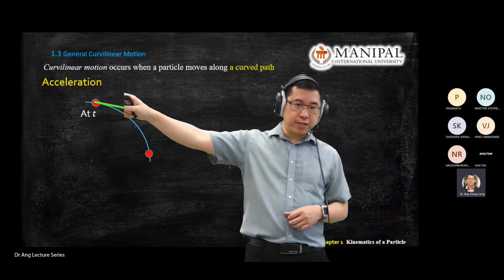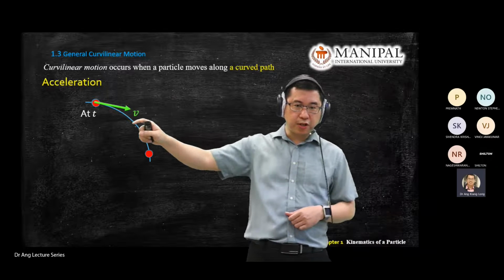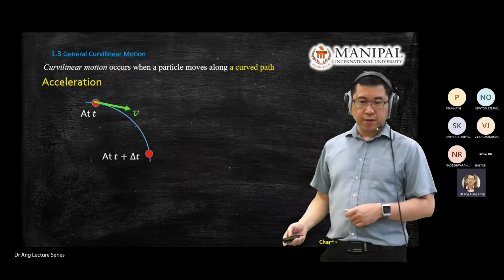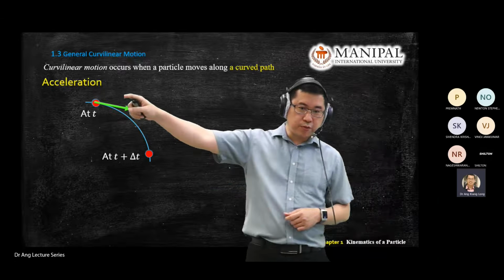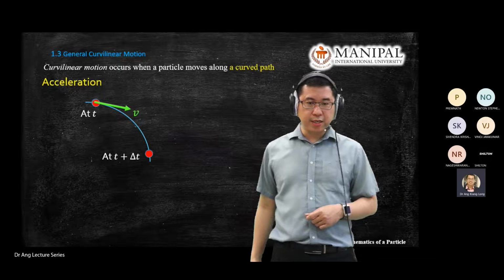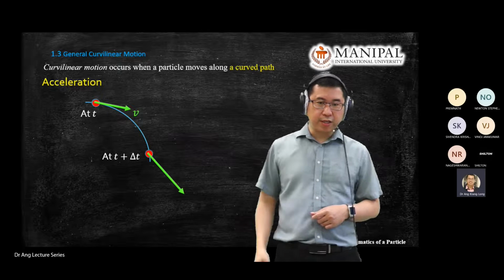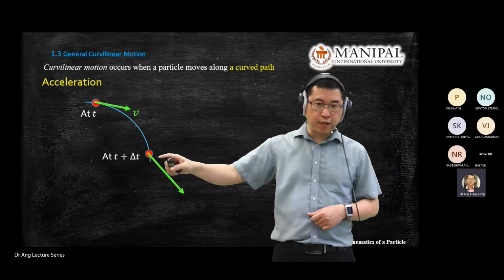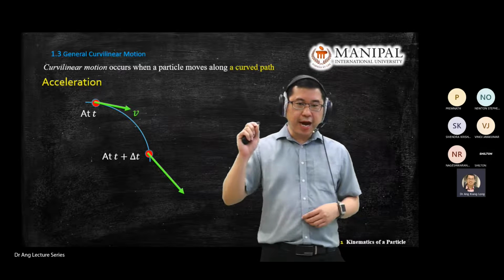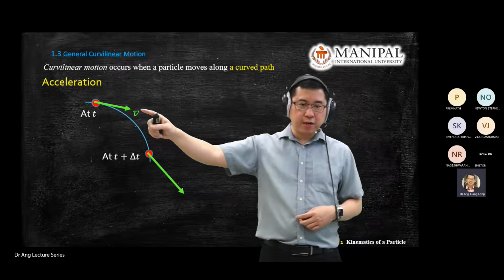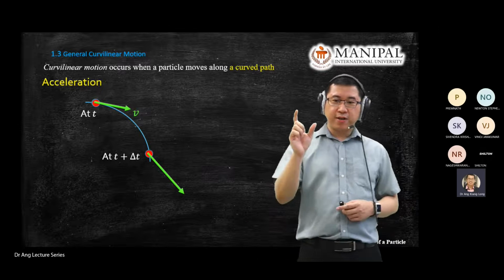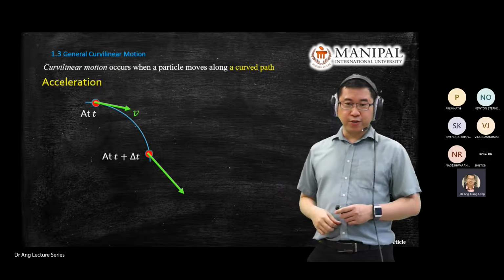As this particle changes velocity along the curve, when you move from one location to another point at the change of delta t, you get the second velocity as it moves along the curve. We assume that this particle is getting higher and higher velocity. When we draw a vector, the length of the vector represents magnitude, right?